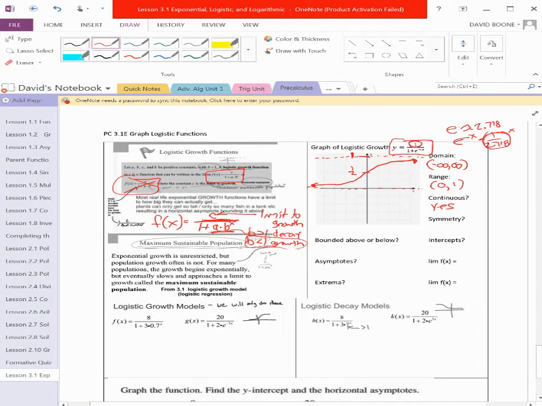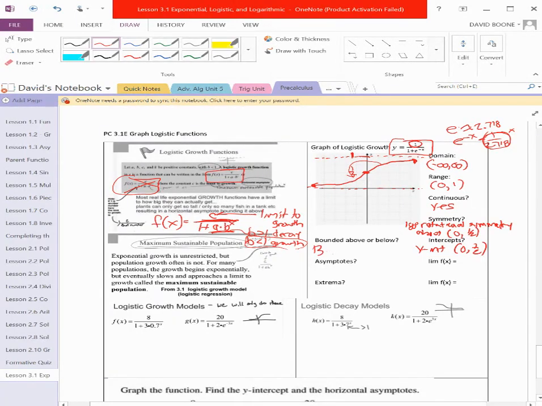It does have rotational symmetry here. If I rotate this 180 degrees, I would land on it. So you should say 180 degree rotational symmetry about the point 0, 1/2, which happens to be the y-intercept as well. And there are no x-intercepts because of that asymptote there.